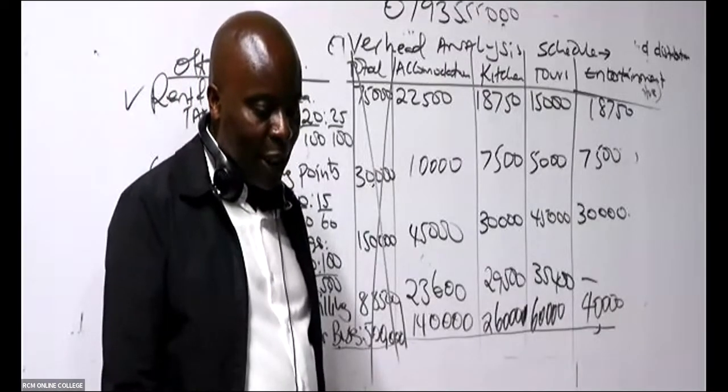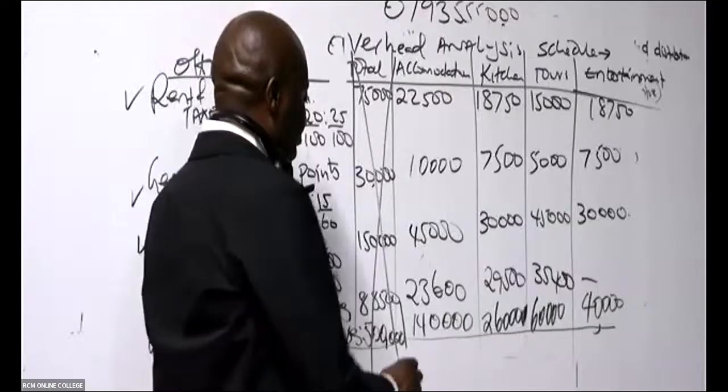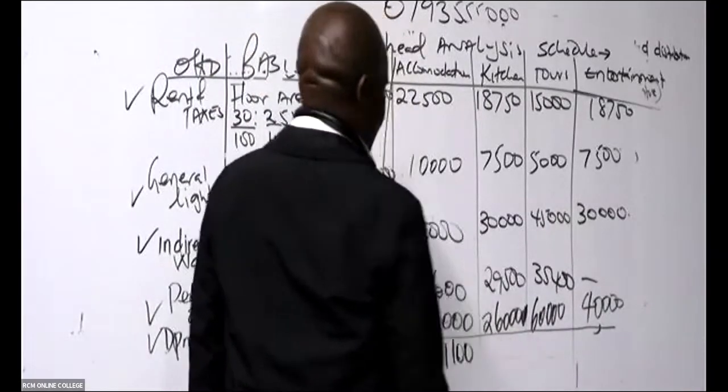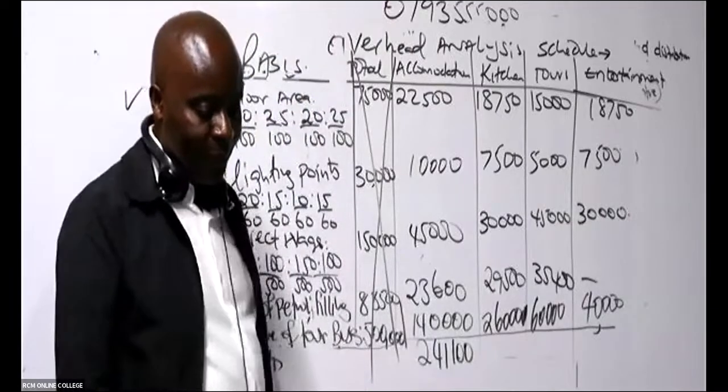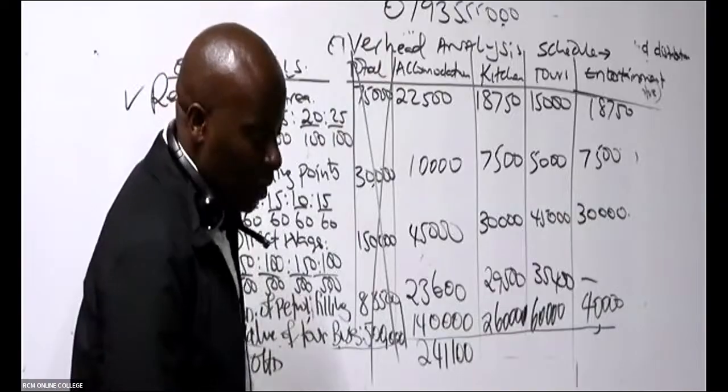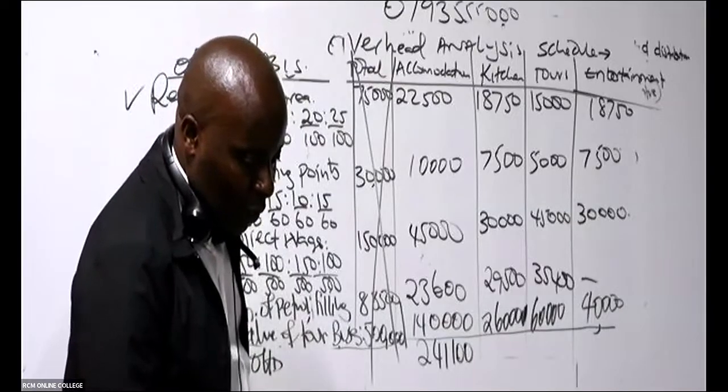Accommodation according to Masi Ator, 241,100. Correct. Thank you so much. Kitchen from Galaxy, 345,750.